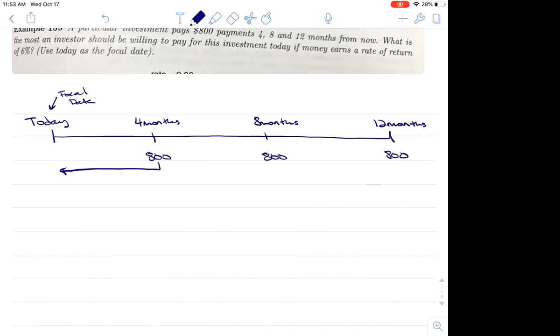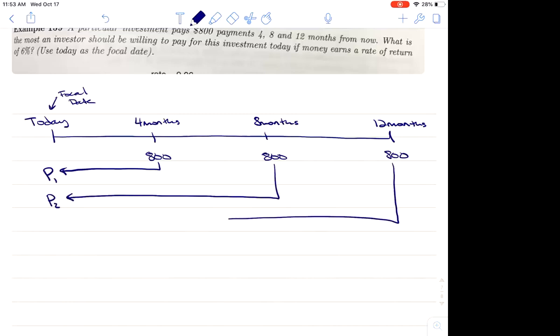So this is going to get drawn back to some principal amount. I'll put a subscript 1 on there, because we have 3 principal amounts that we'll have to deal with. Basically the exact same scenario as the loans, except now we're backtracking to a principal amount. So this 800 gets pulled back to another principal amount, and this 800 is another principal amount.